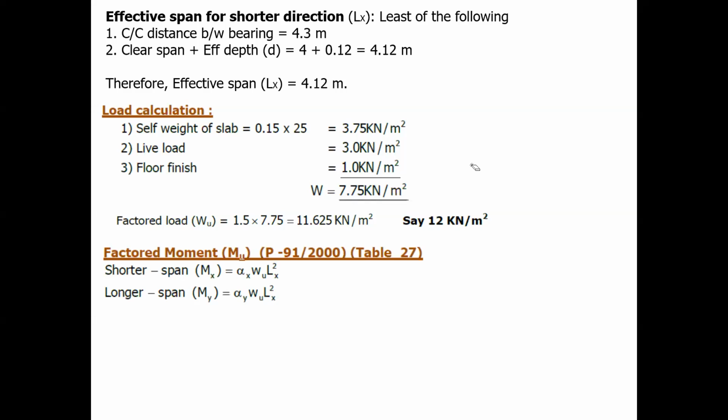Now you have to refer the table. So here the condition is given, right? Before referring the table, what you have to calculate? Alpha x and alpha y, right? To calculate that you need the ratio, that is Ly by Lx, which is equal to 1.5.